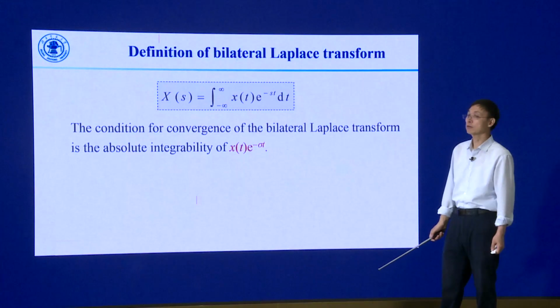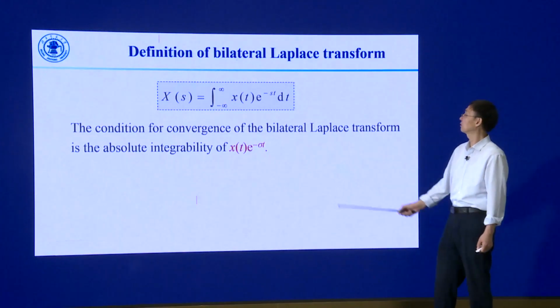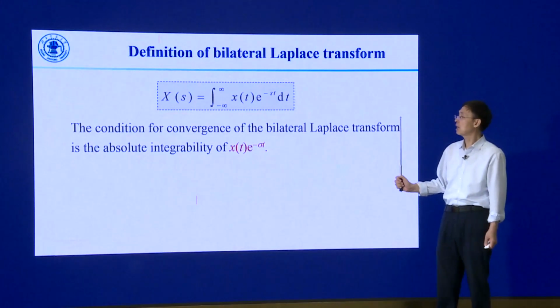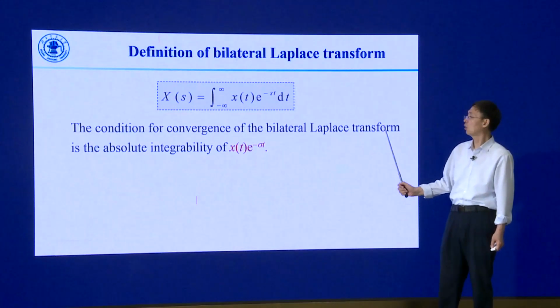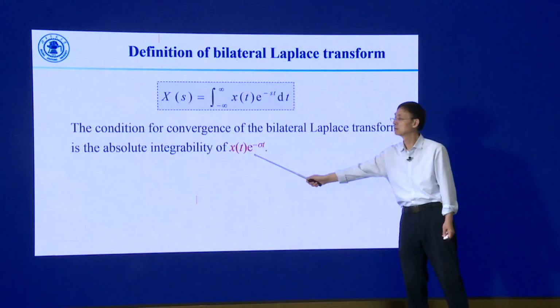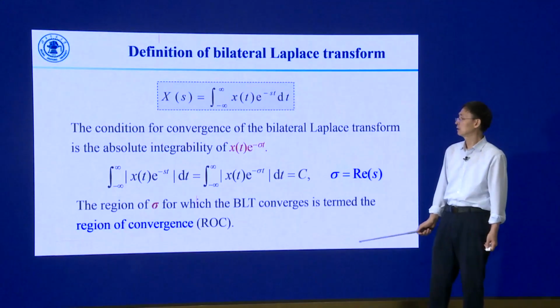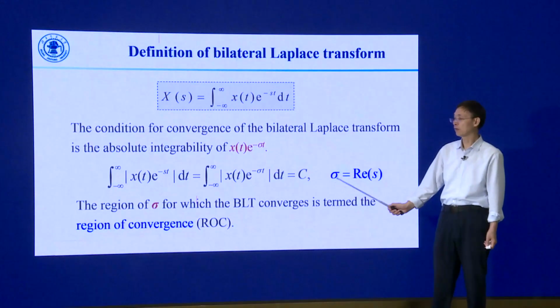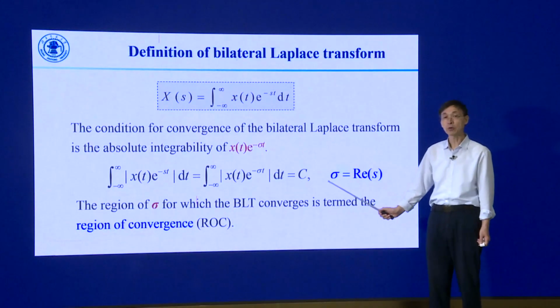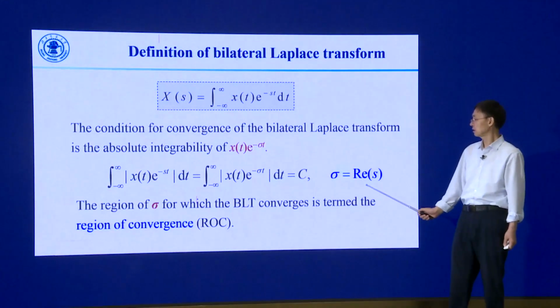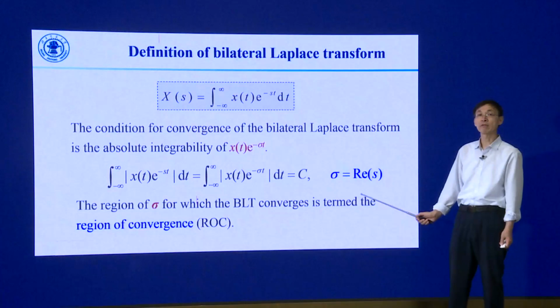The condition for convergence of the bilateral Laplace transform is the absolute integrability of this signal. The region of sigma for which the bilateral Laplace transform converges is termed the region of convergence.